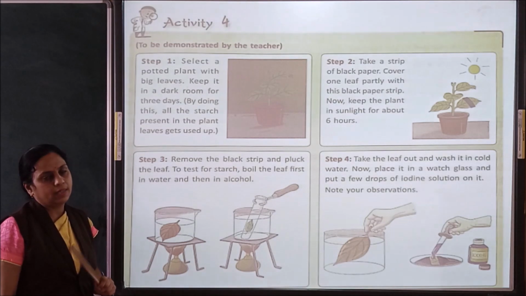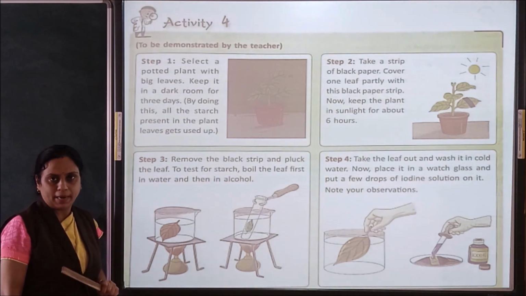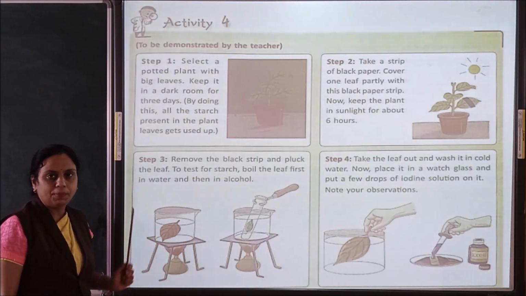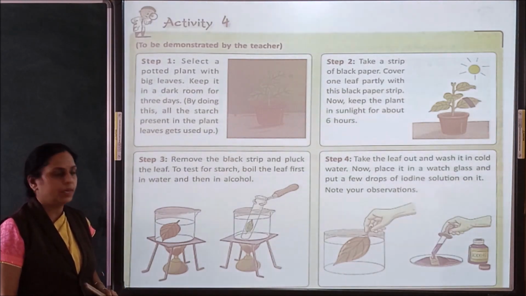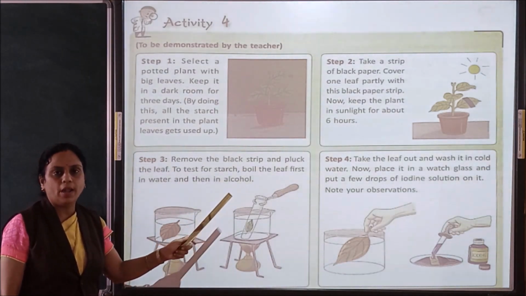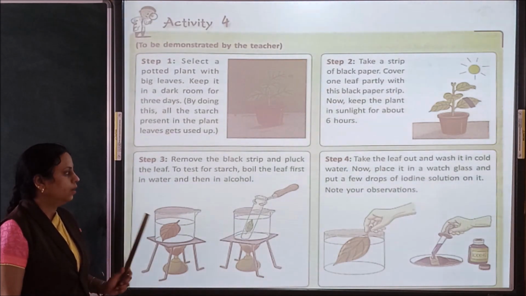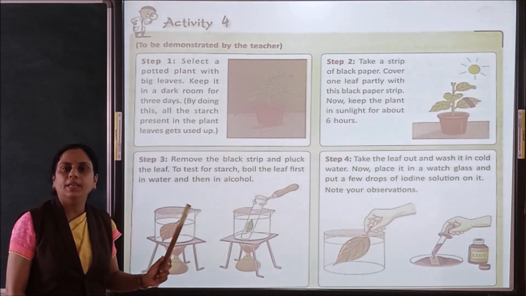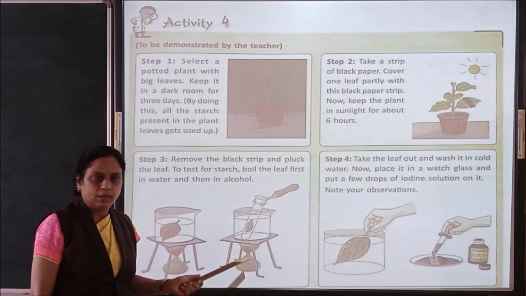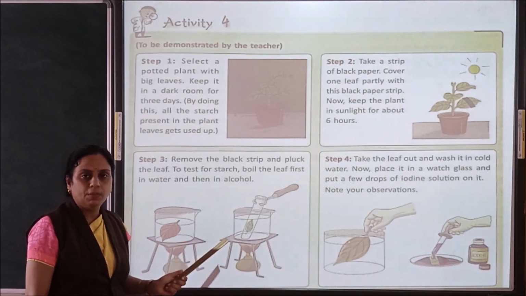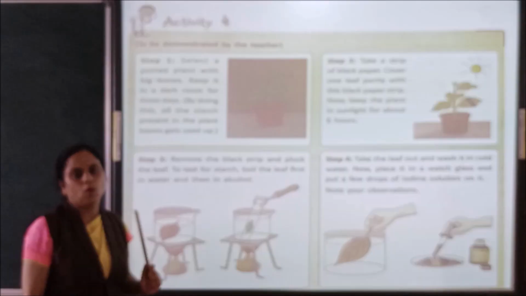And again, as we have done for the presence of starch, we have to repeat the same thing. What is that? First you have to boil the leaf in a beaker. Then you have to put the leaf in a test tube and put some alcohol in it.